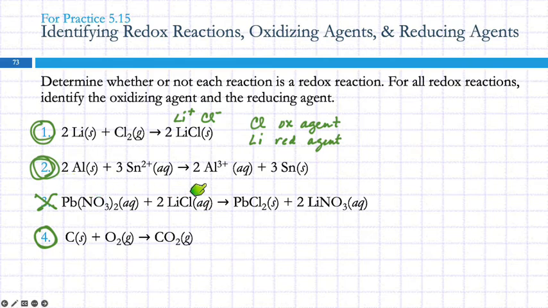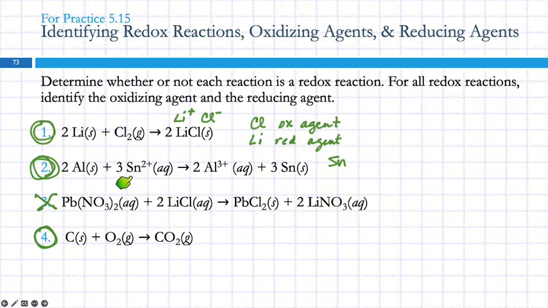here we have aluminum going from 0 to +3. Is that oxidation or reduction? It's oxidation. Oxidation is loss of electrons. To go from 0 to plus, you have to lose electrons. Here the tin is going from +2 to 0. The oxidation state is going down, it's being reduced, that's the reduction. So tin, and we don't want to say the tin atom because that's the product.